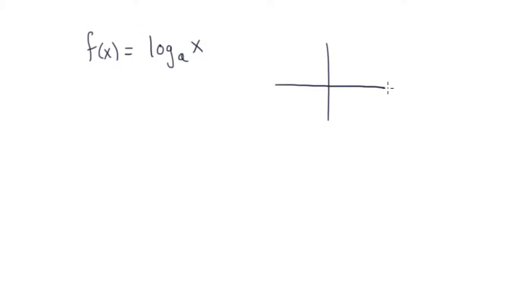Well, recall that because we know the domain and range of the inverse function, a to the x, we know the domain and range of this function. The domain of the logarithm to base a is going to be the same as the range of the exponential base a, and the range is going to be the same as the domain.